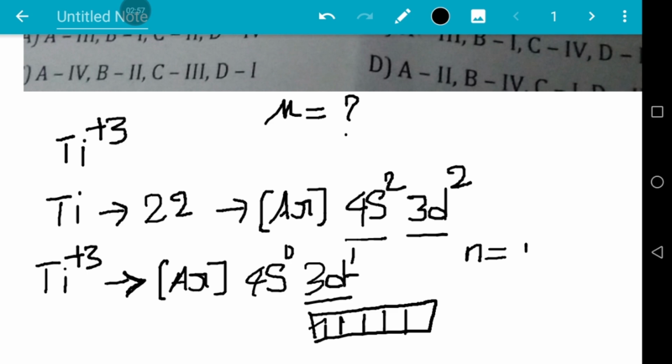Unpaired electron is 1, so for the mu value, the spin only magnetic moment, the formula is root over n into n plus 2.